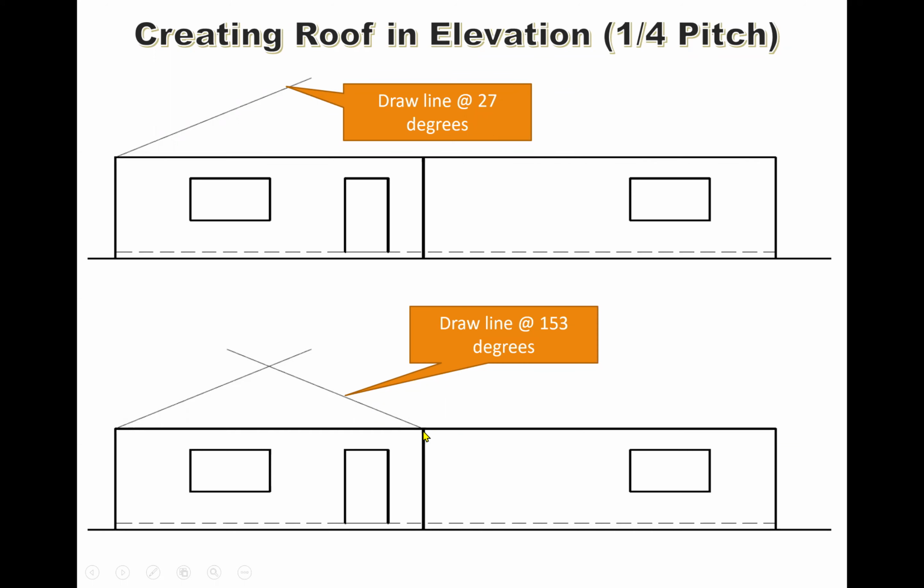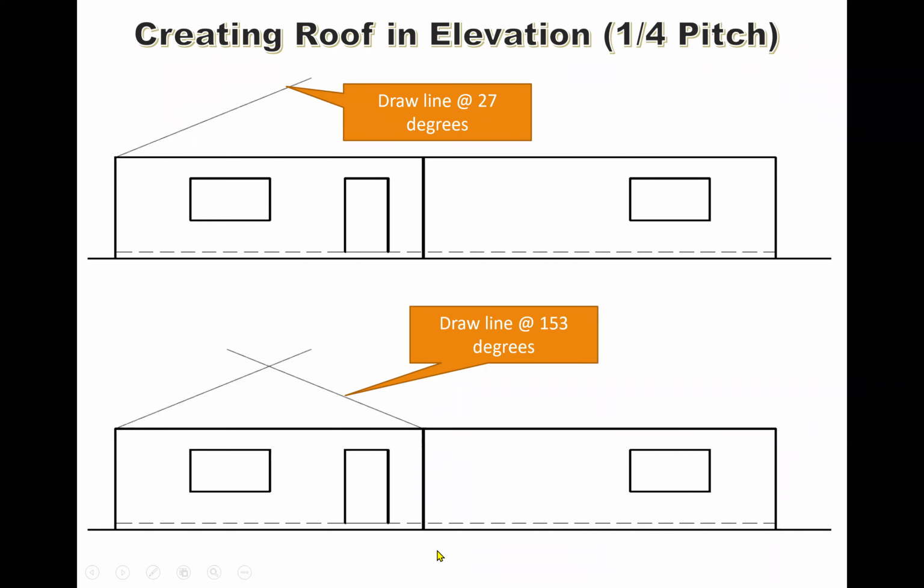And on the other side, for it to be 27 degrees from here, it has to be 180 degrees minus the 27, so it's actually 153 degrees. We're going to use the line command, turn off ortho, and use the roof layer and draw those lines. So let's jump back to AutoCAD now, where we'll start that.